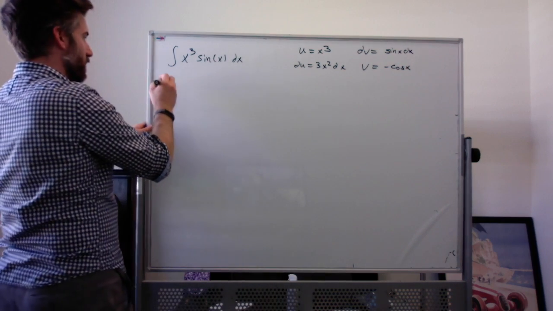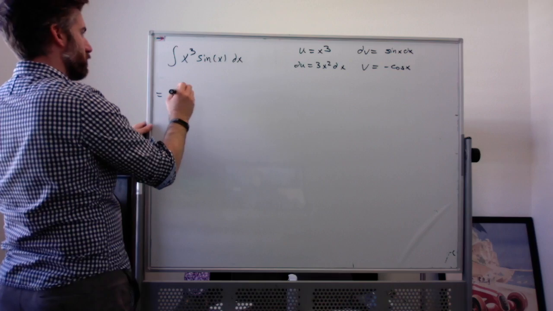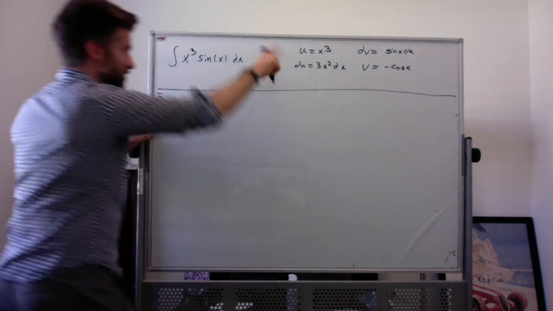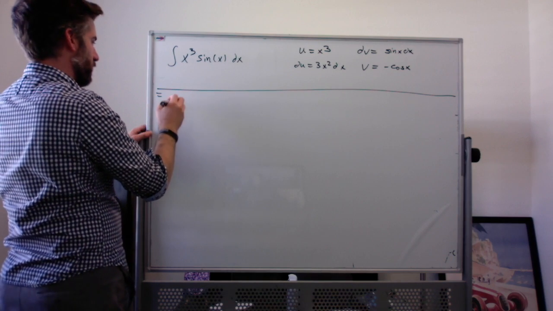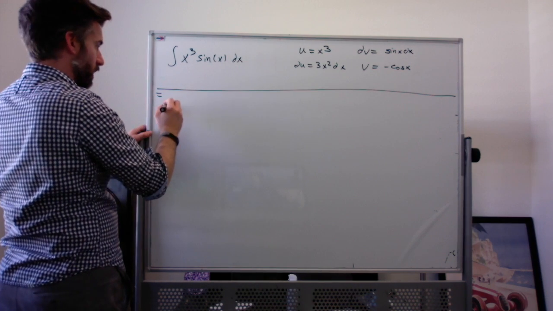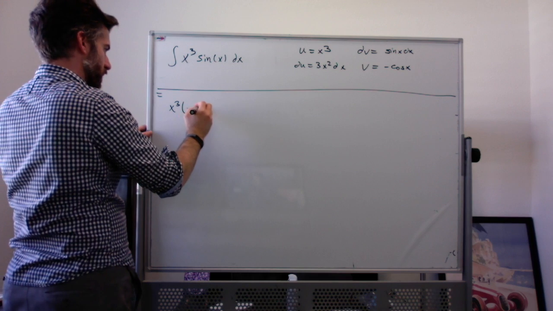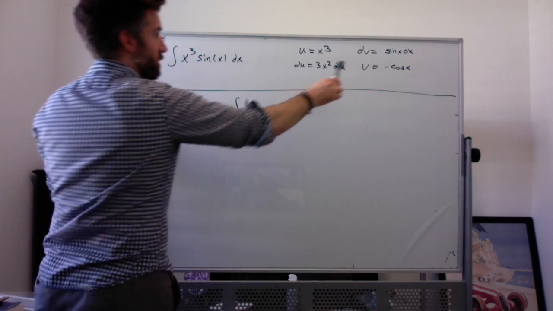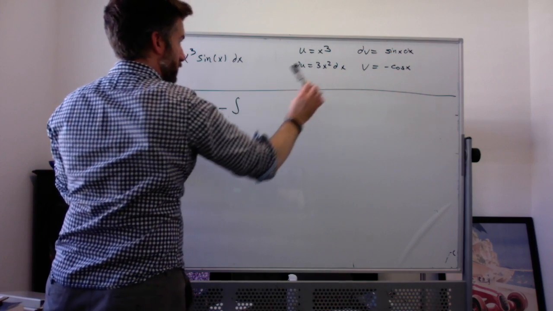Okay, so this ends up equaling, and I'm going to try and keep this relatively separate because I have to do this 2 more times, the uv, so x cubed times negative cosine x minus the integral of v du, which is negative cosine times 3x squared dx.